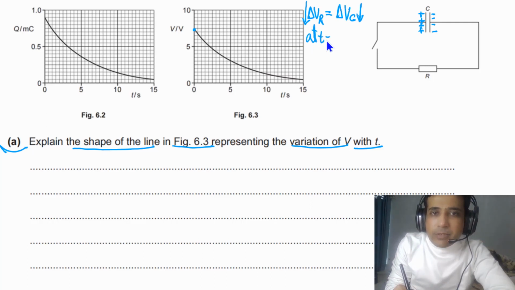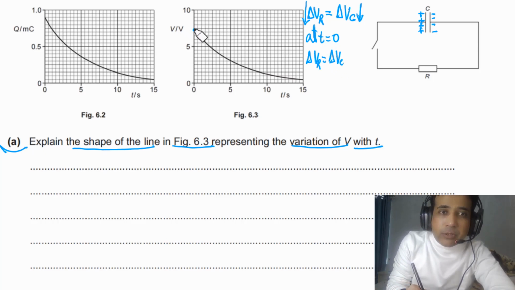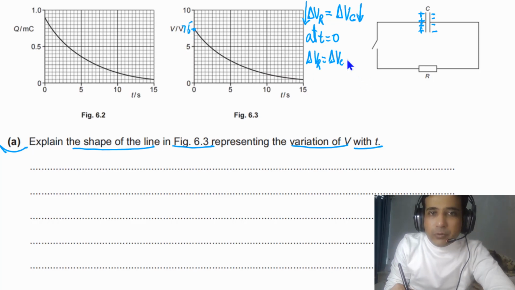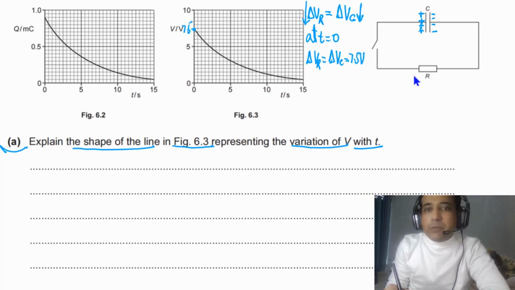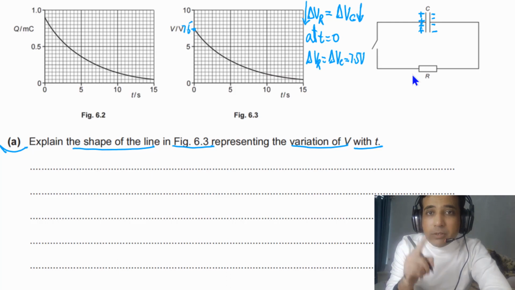At t equal to 0, when we just close the switch, the potential difference across the resistor is equal to the potential difference across the capacitor, and we can find the value from here: 7.5 volts. So initially both are equal to 7.5 volts.